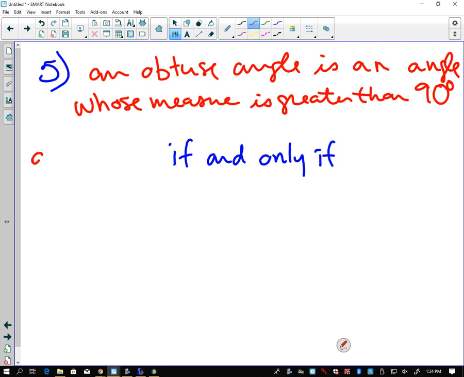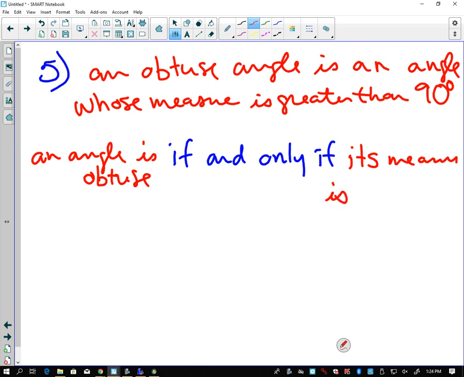Okay, so an angle is obtuse if and only if what? Its measure is what? Greater than 90 degrees. Okay, do we see how to put that together?